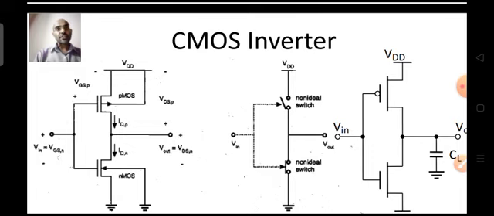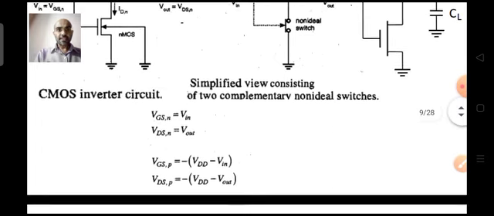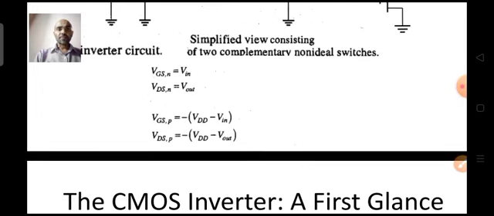So how will you write VGSP? It is Vin minus VDD. Now, as all voltages of the PMOS we usually denote by a negative sign, rather than writing it as Vin minus VDD, we can take minus common and also write it as minus of, within brackets, VDD minus Vin.